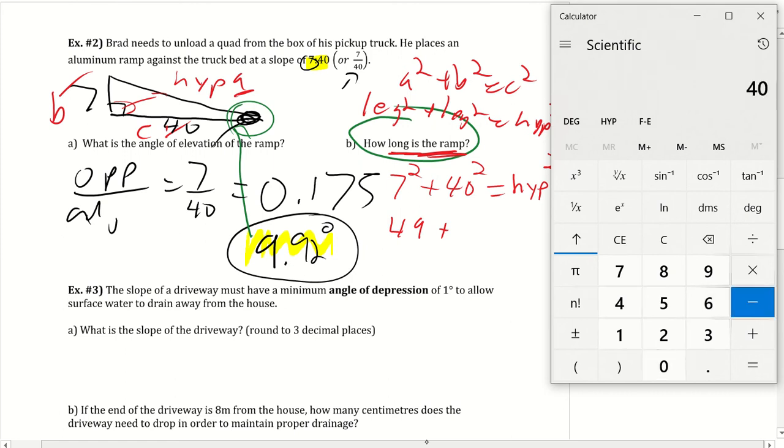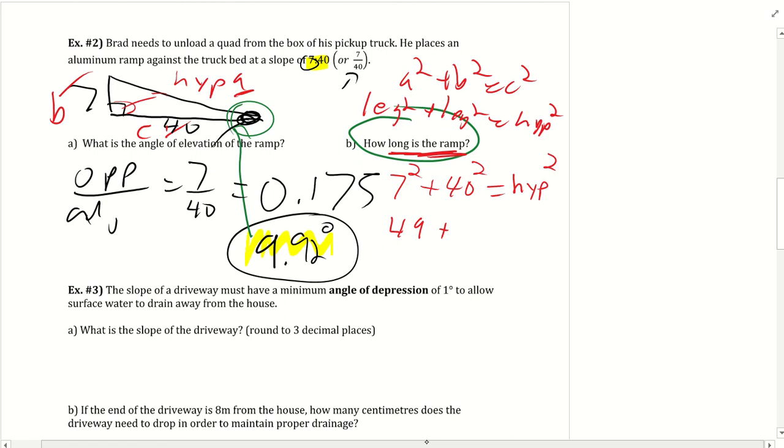So let's go 40 times 40 equals, oh, look at that. See, I was wrong. So it's good that we did that. 1,600, which makes sense. Add those two together, you get 1,649 equals hypotenuse squared.